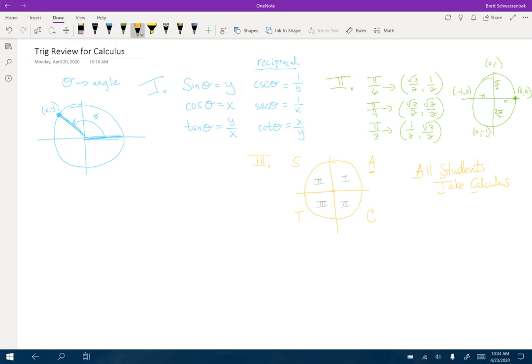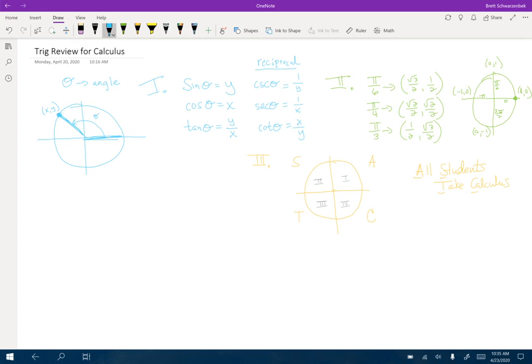If I go over to the third quadrant, then only tangent is positive, and its buddy cotangent. That means sine and cosine are negative. And lastly, if I go to the fourth quadrant, only cosine is positive, and its buddy secant, and all others are negative.